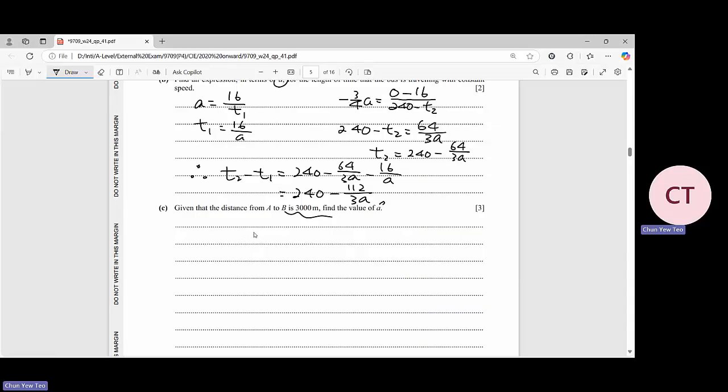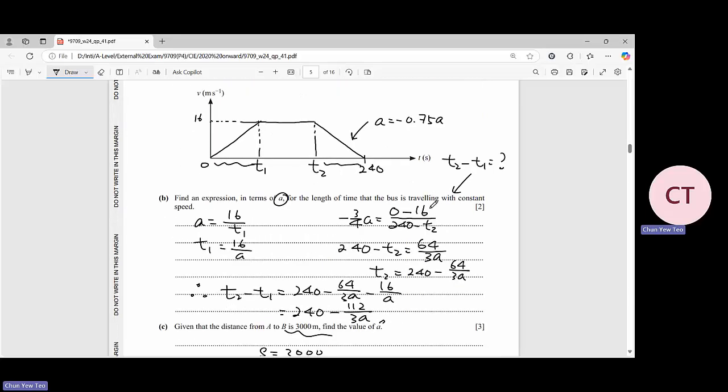So the total distance is 3,000 meters. So this one is that the total area under the graph is equal to 3,000. So what is the formula for the graph here? Area of the graph is a trapezium.